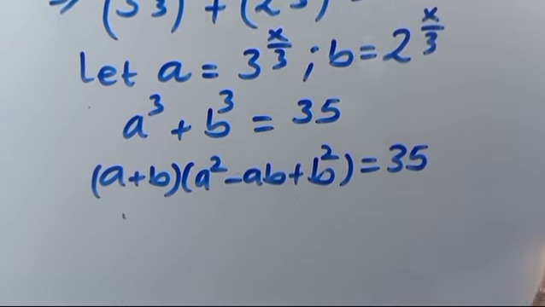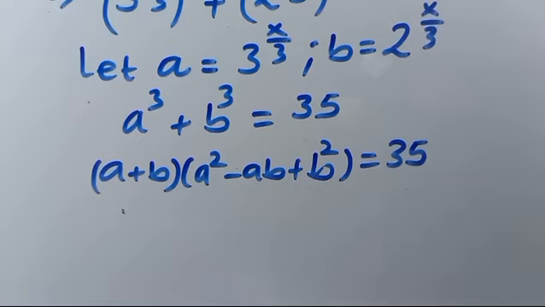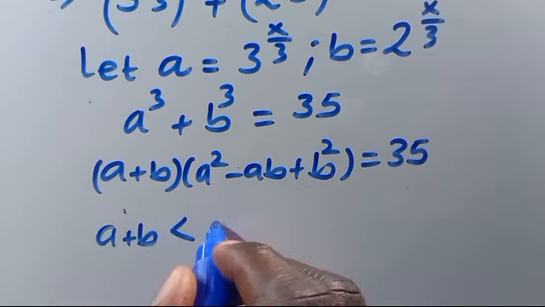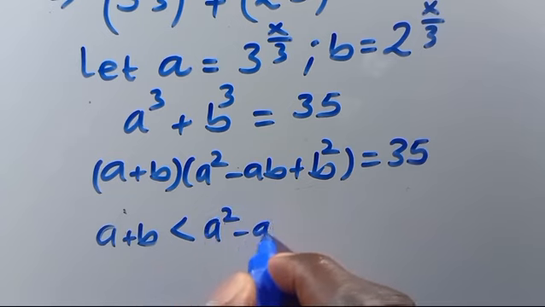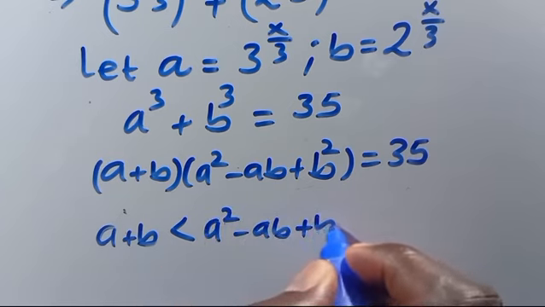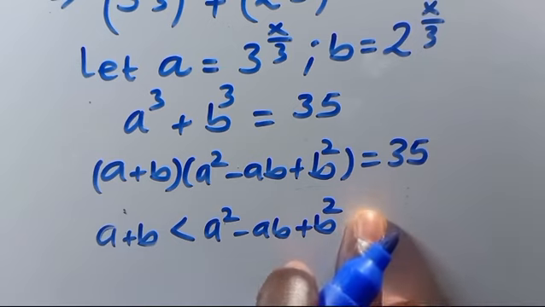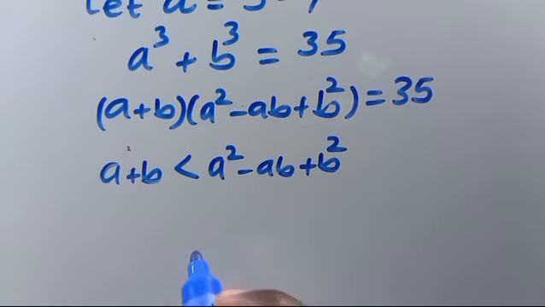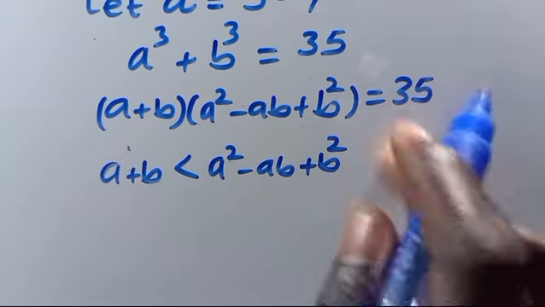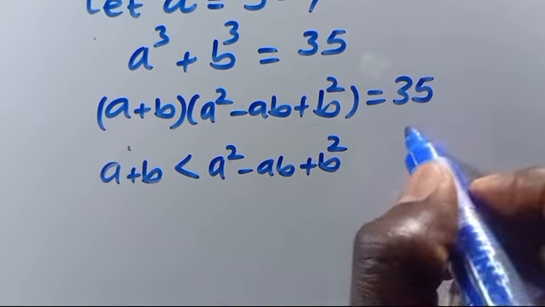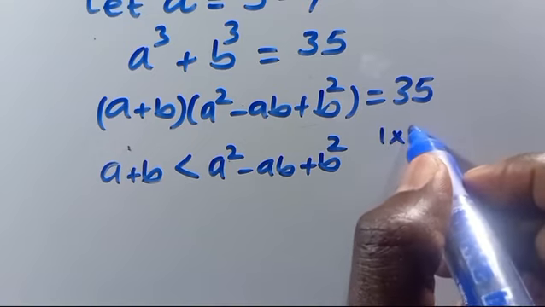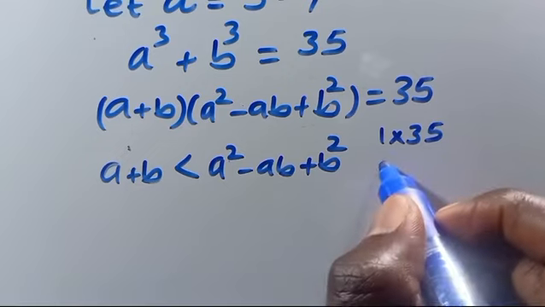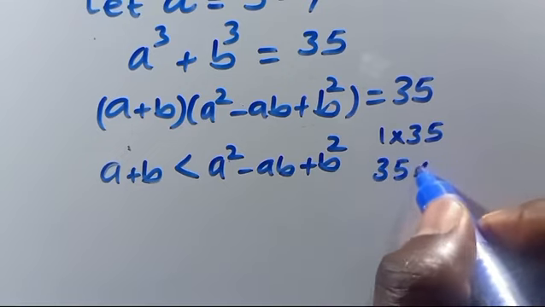So from here, one thing is clear: a plus b must be less than a square minus ab plus b square. We must know this. Then again, we can have 35 as the product of 1 times 35, then 35 times 1.